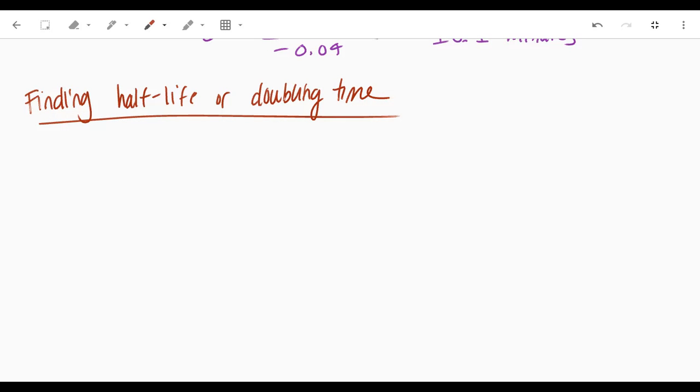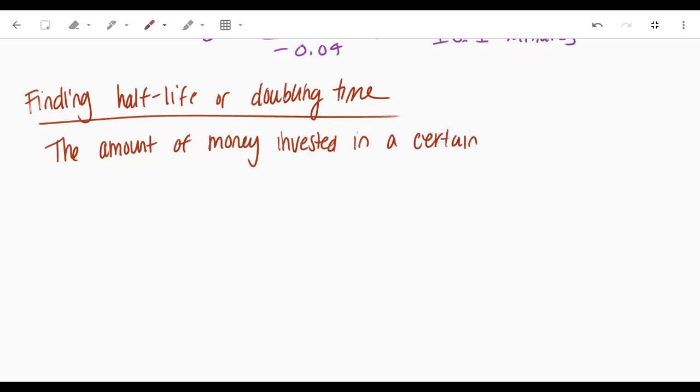So this one says the amount of money invested in a certain account increases according to the following function.